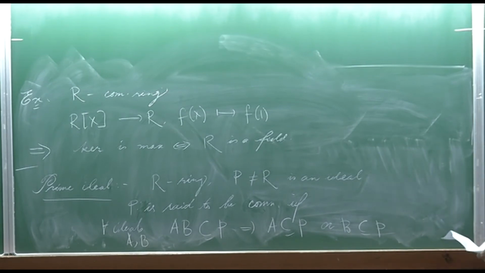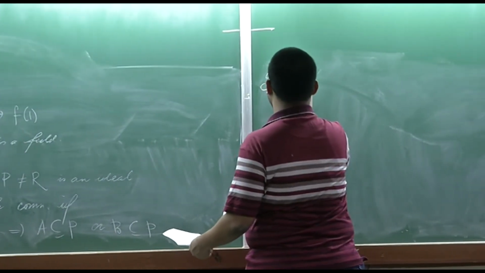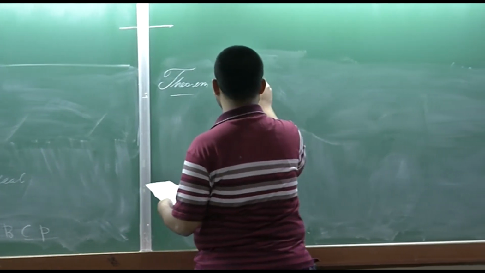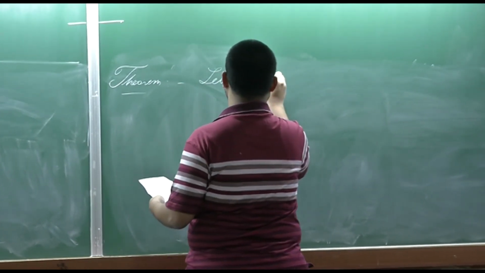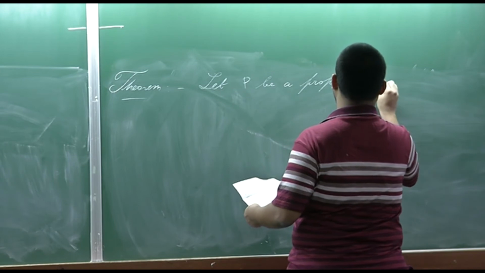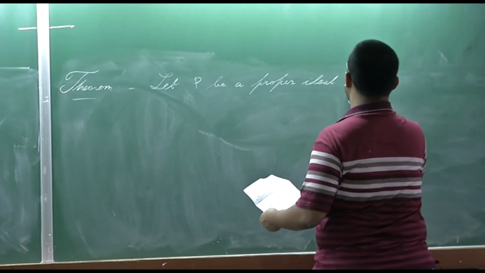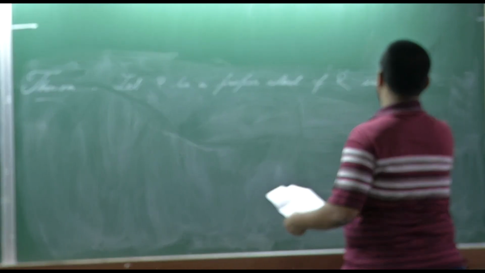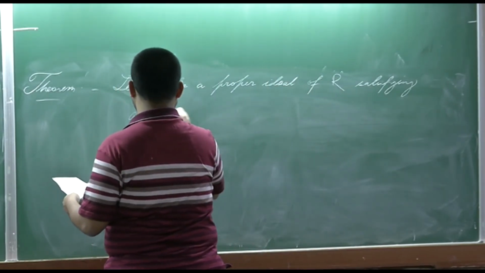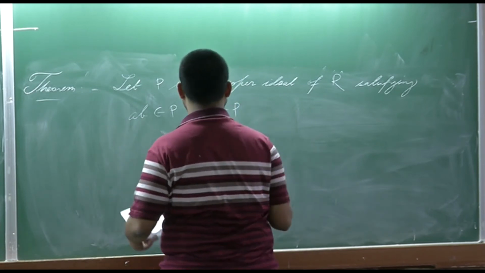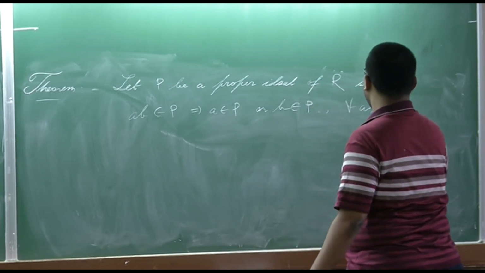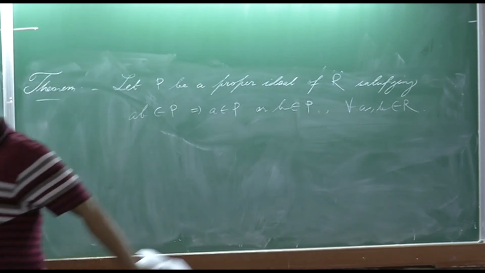This we can record as a theorem. It says: let P be a proper ideal of R satisfying the following: ab belongs to P implies a belongs to P or b belongs to P, for every a, b in R. Okay, this is the case.